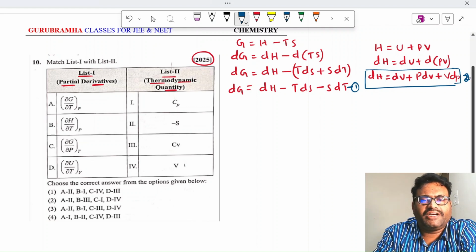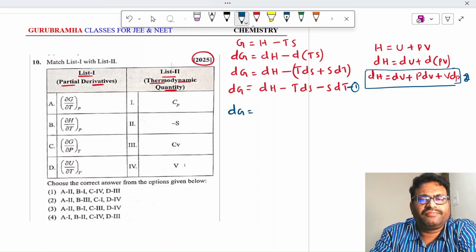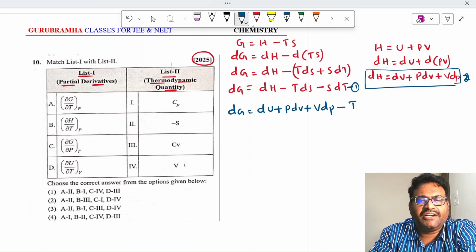Then what do I get? dG is equal to dU plus PdV plus VdP minus TdS minus S into dT. Instead of dH, I have used this dU plus PdV plus V into dP. Then what do I get?